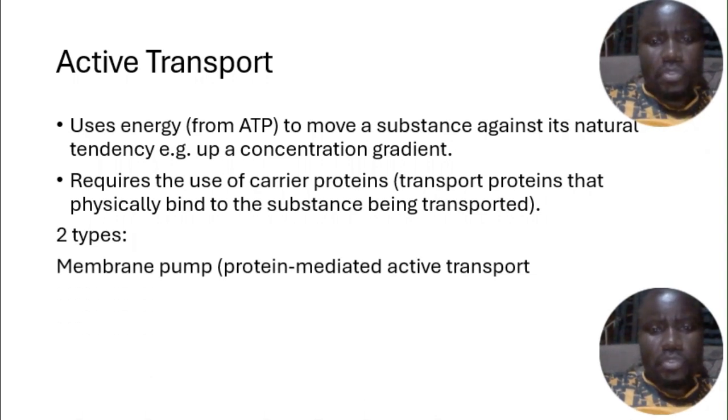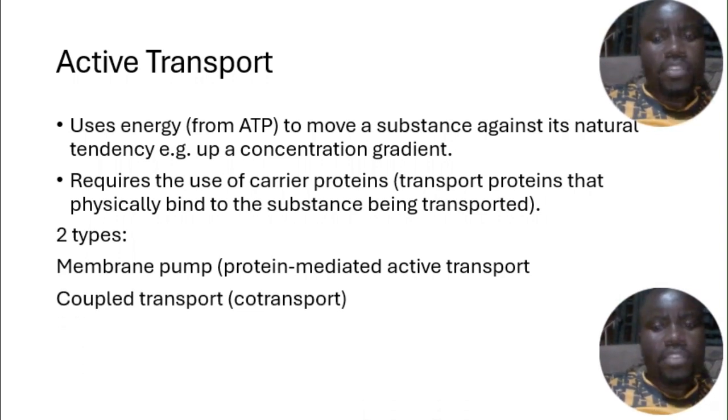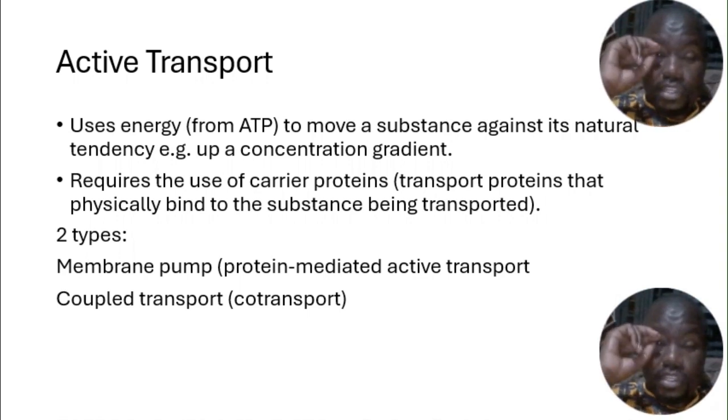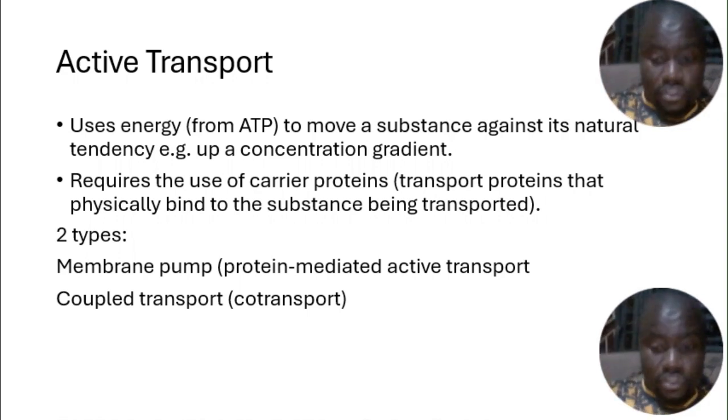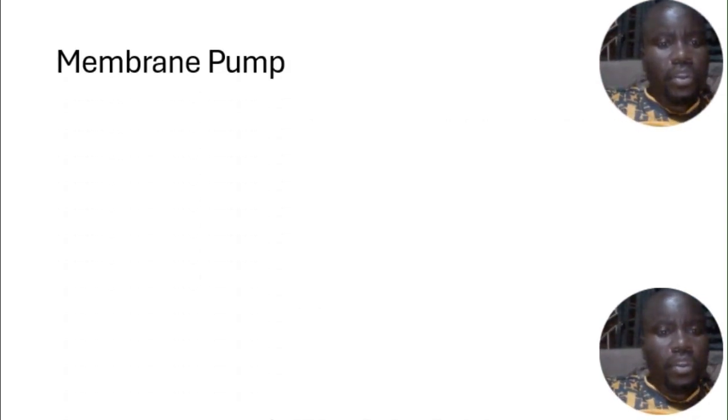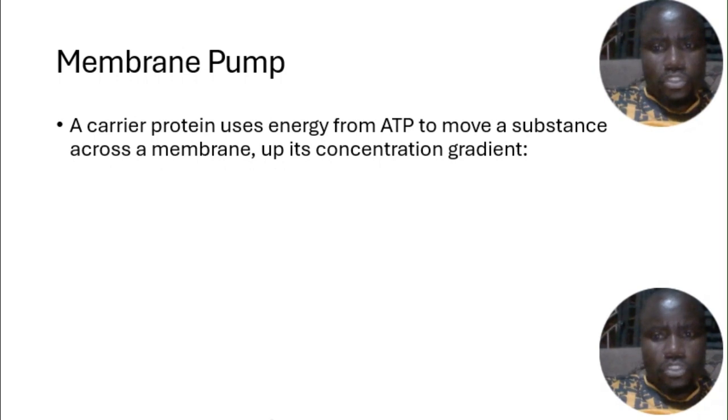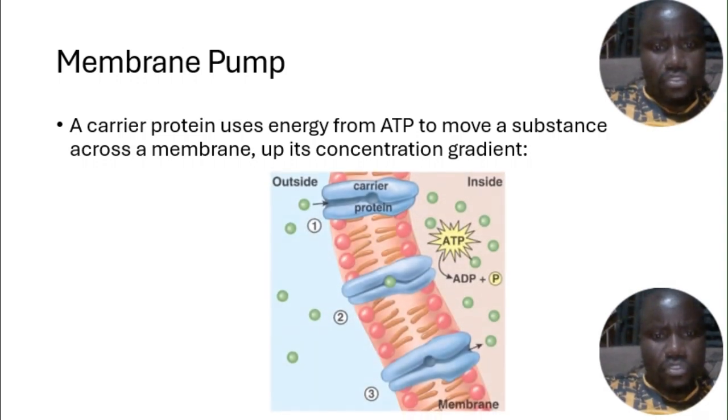The two main types of active transport, especially for small molecules, are primary active transport, which uses membrane pumps, or secondary active transport, which is also referred to as co-transportation. So membrane pumps, which use primary active transport, use ATP to move a chemical substance across the membrane up the concentration gradient.